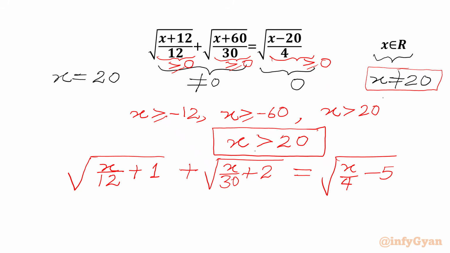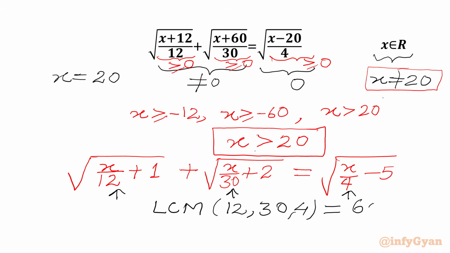Now we have 12, 30 and 4 in the denominators here. We will find the LCM of all the three numbers. So the LCM of 12, 30 and 4 will be equal to 60.